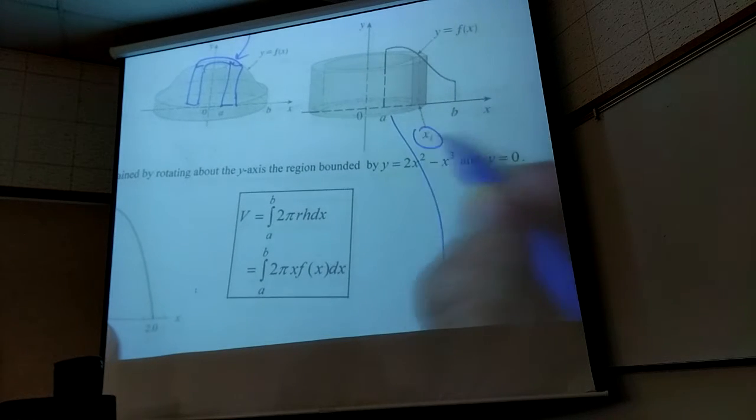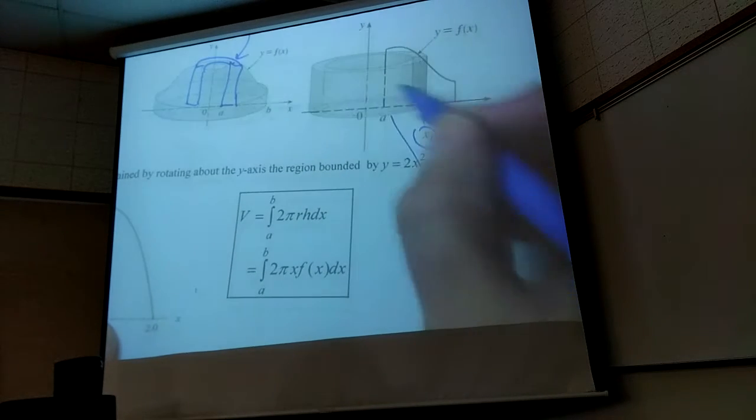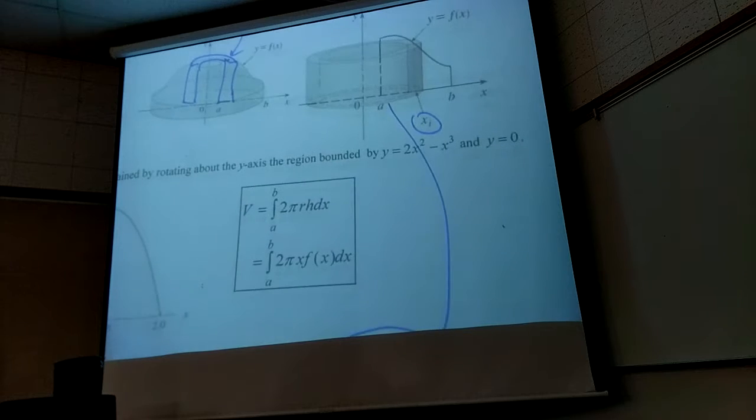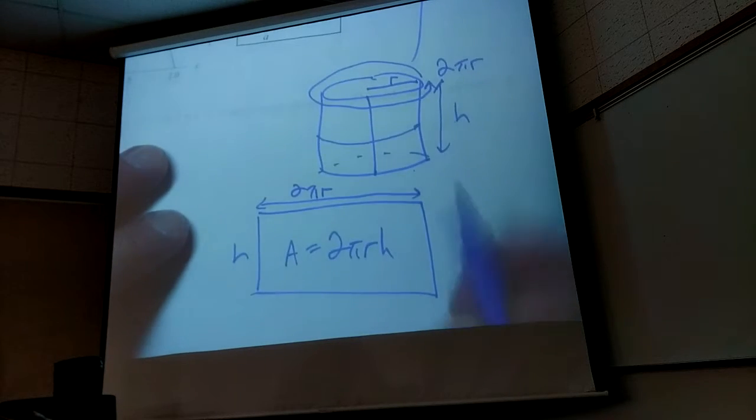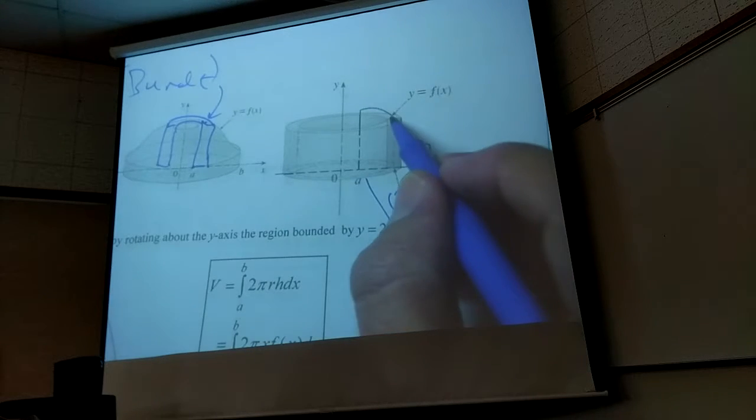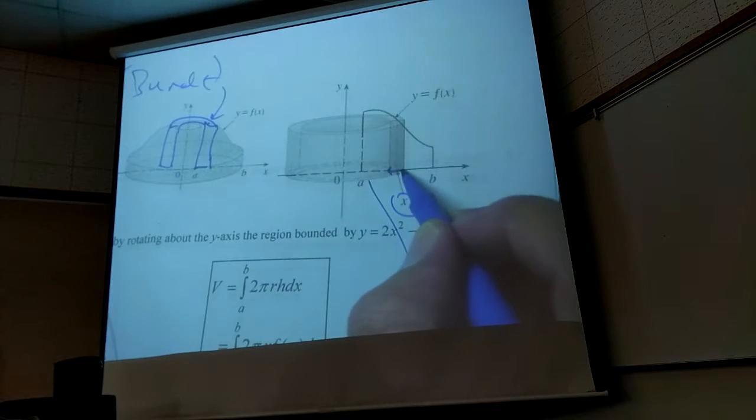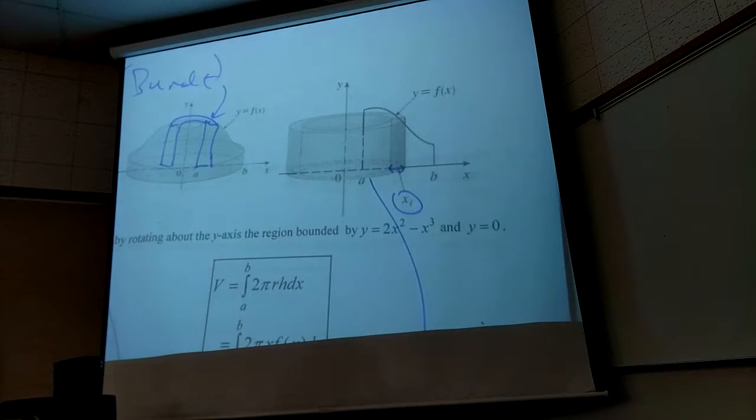So for every x value, when I rotate it, it makes another shell. Now, just to complete this idea, I have a little thickness here, right? It's more like a pipe that's got a thickness to it.